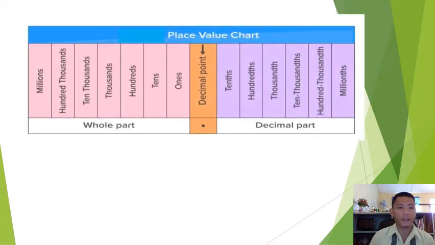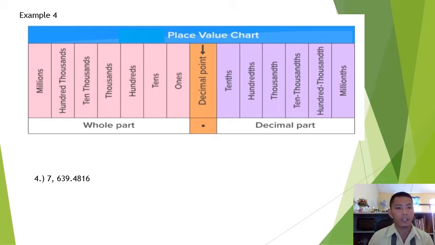Let's have another example, number 4. Let's have a little bit longer one. It's 7,639.4816. Let's give the place value of each digit. Again, using the place value chart, our whole number here is 7,639.